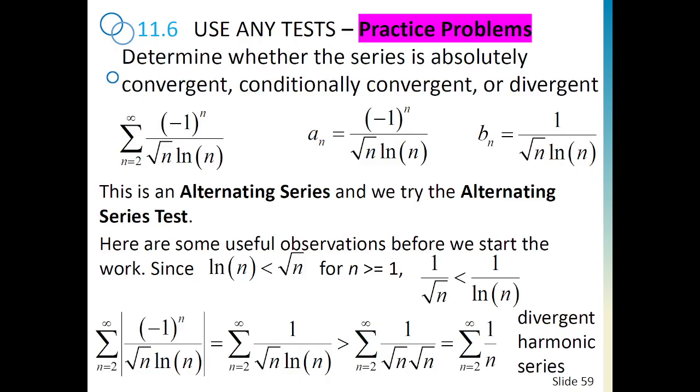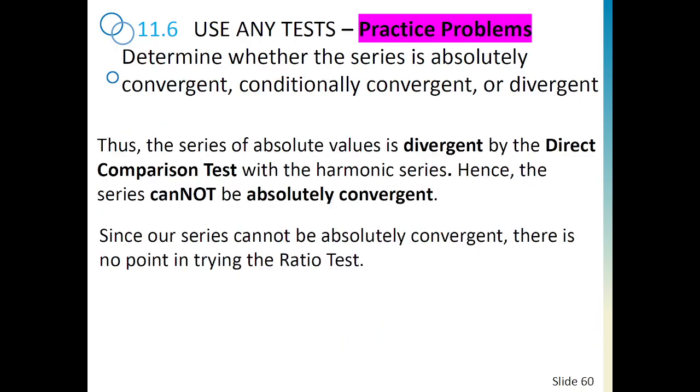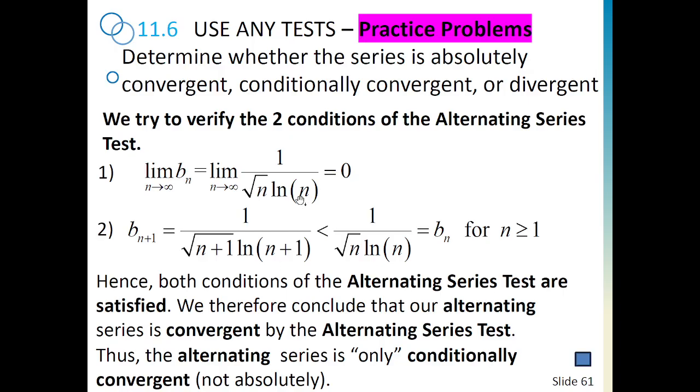But now let's see what happens with the alternating series test. This one is straightforward. Obviously 1 over these expressions goes to 0, and these terms are decreasing, because the next term is smaller than the previous, since the denominator is bigger, so 1 over it will be smaller.